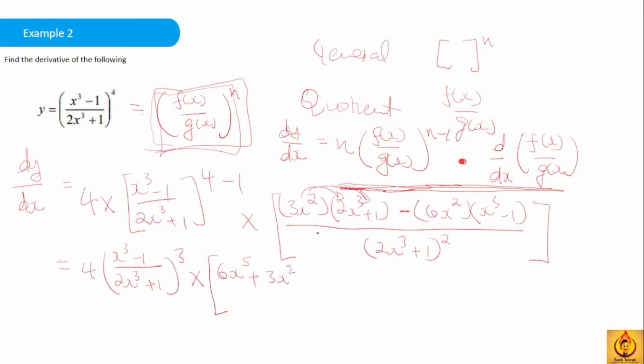We simplify the multiplication: minus 6x squared multiplied by that will be 6x to the power 5. Then 6x squared multiplied by minus 1 is going to be a negative. But because of this negative, it's going to be a positive 6x squared. All of that will be divided by that denominator there, which is squared, which we're going to leave as it is.